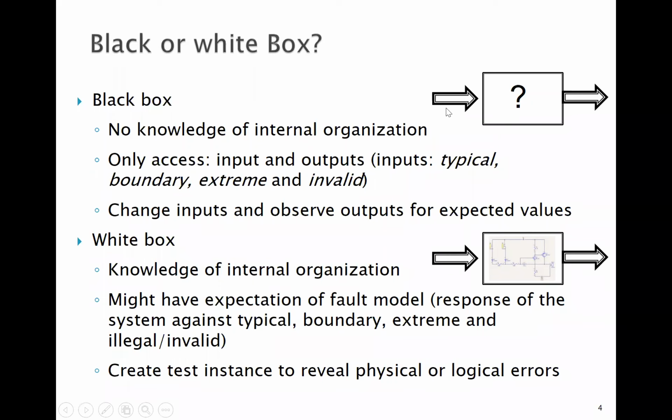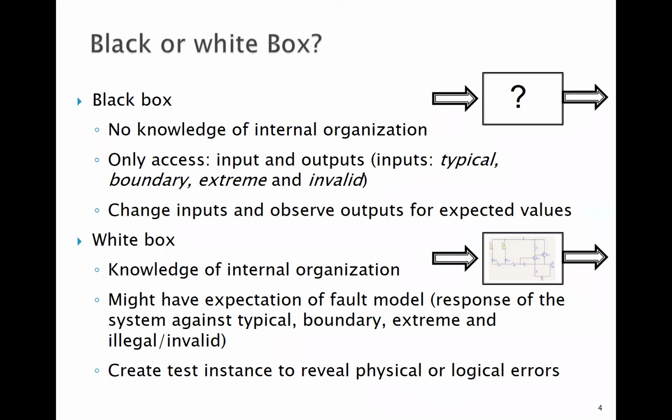So in black box test, we do not have any knowledge about what is inside them. We have only inputs and outputs. We have some connectors, let's say interfaces or form of input and output. And we simply test this system without knowing anything about the internal structure of the system.